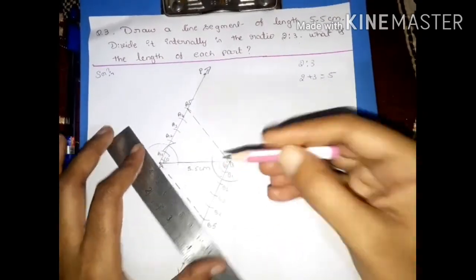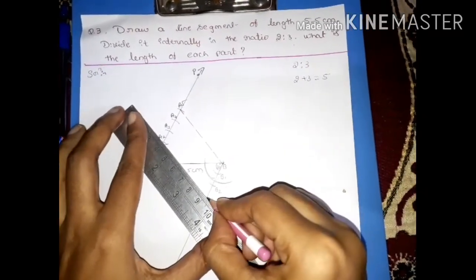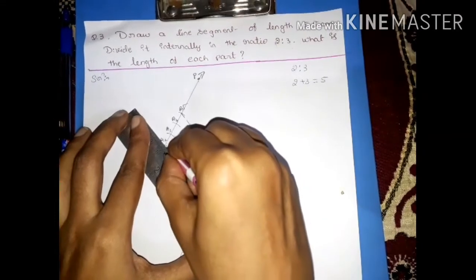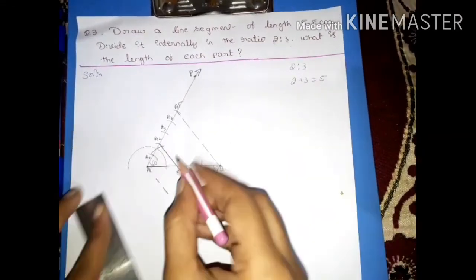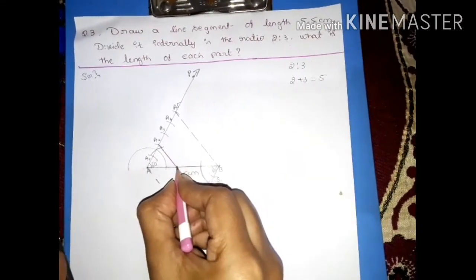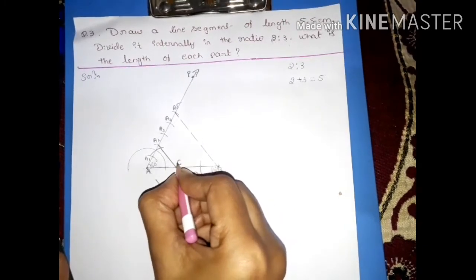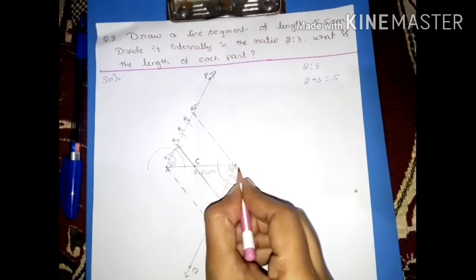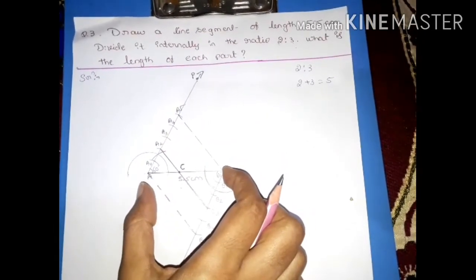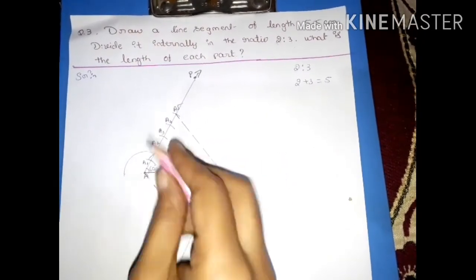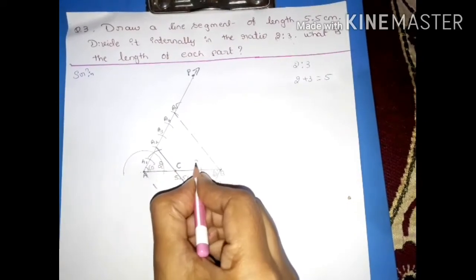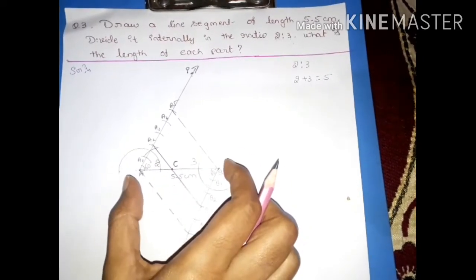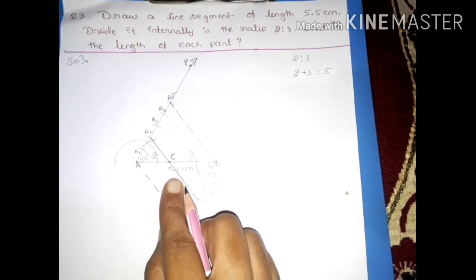Join A2 and B3. This line will meet the line AB, and write this point as C. Now AC and CB, the line segment is divided in the 2:3 ratio. It represents the 2:3 ratio division of the given line segment AB, which is 5.5 centimeter.